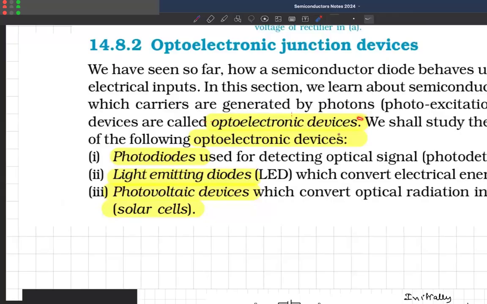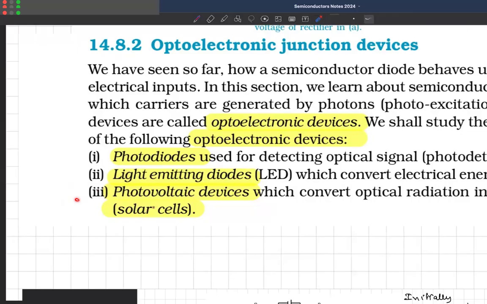First thing, photodiode, light emitting diode. Well, we are all aware of LEDs now. Photovoltaic devices, solar cells. Practically, more or less, we are using this.